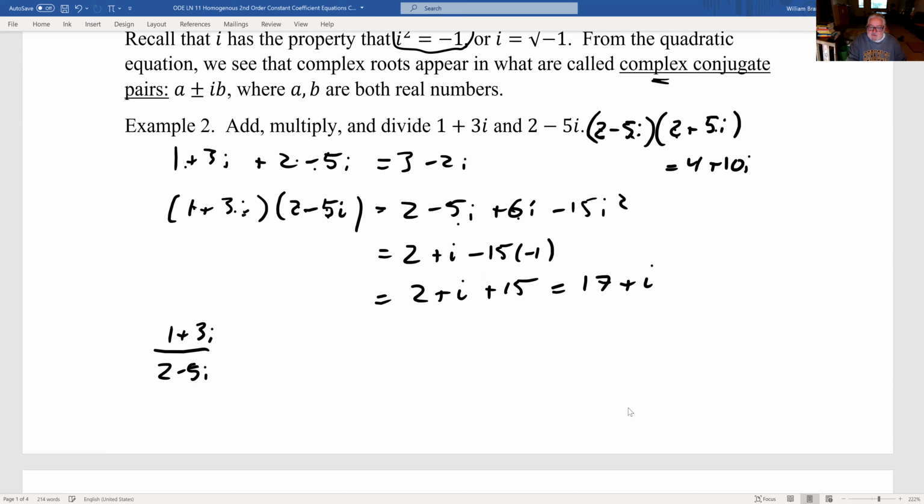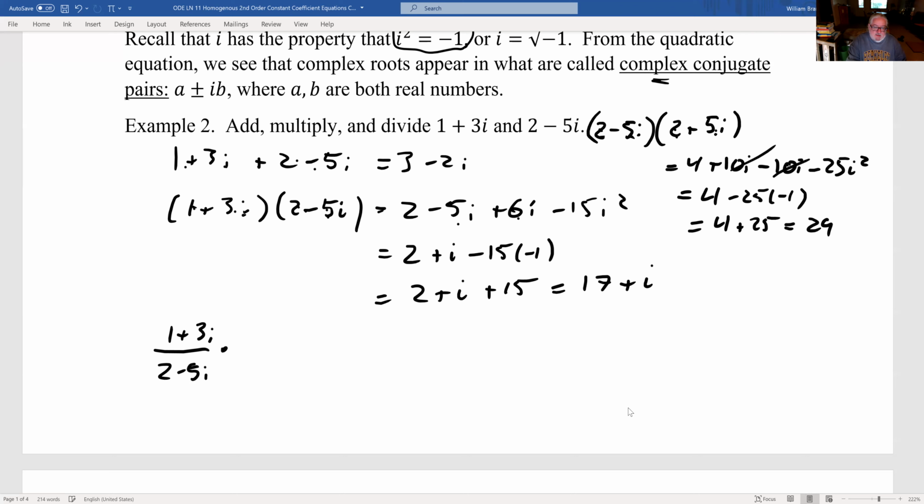Minus 5i times 2 is minus 10i. Minus 5i times 5i is minus 25i squared, but i squared is minus 1. So what are we left with? 4, these terms actually cancel out. This becomes minus 25 times minus 1, which is 4 plus 25, which equals 29.